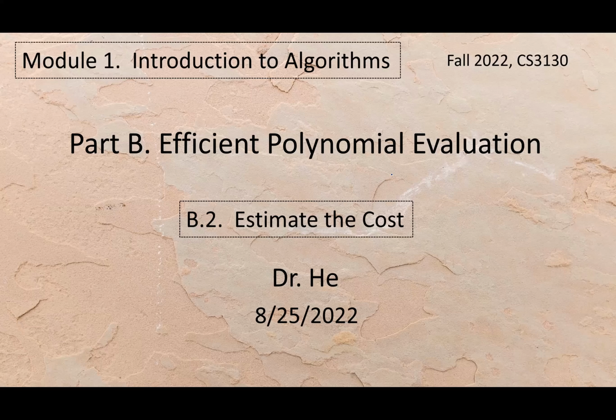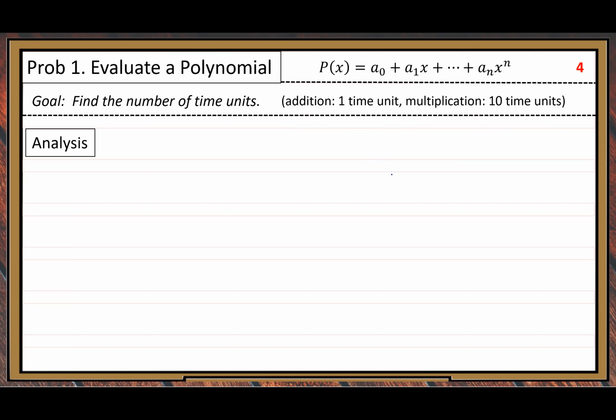All right. Now, the next topic, estimate the cost. Now we can do the work. The previous discussion we just completed, that's the preparation. Now, the real work we need to do, estimate the cost. So here, subproblem number 1, count the number of additions.